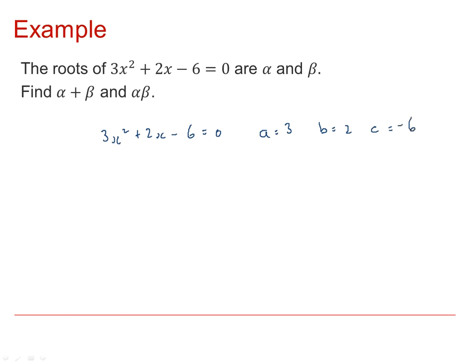And we can quote our results then that the sum of the roots alpha plus beta must be equal to minus b over a, and therefore that's equal to negative 2 over 3. The product of the roots alpha beta is equal to c over a, and therefore that's equal to negative 6 divided by 3, which of course is negative 2.